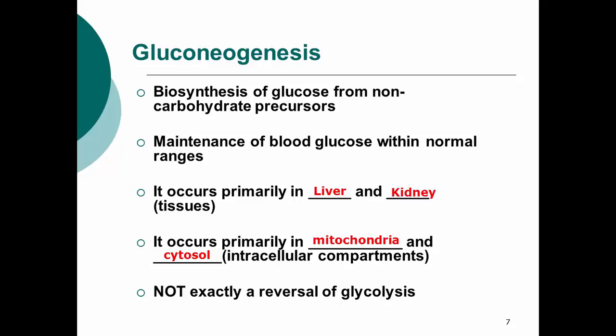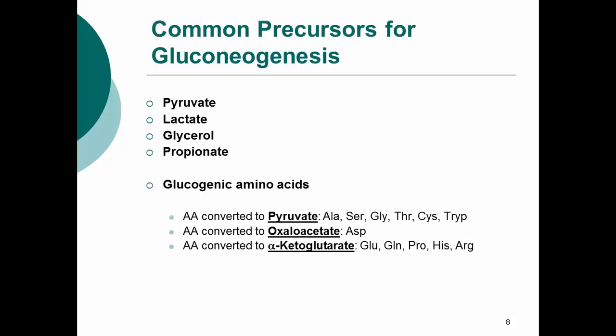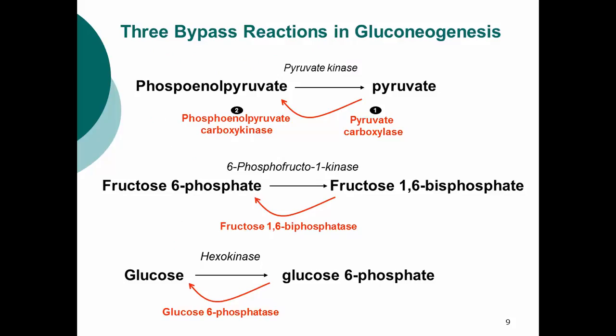So in gluconeogenesis, it requires a different set of enzymes to catalyze the reversal reactions. So this is just the precursors, right? So you try to remember the key reaction enzymes in gluconeogenesis, right?